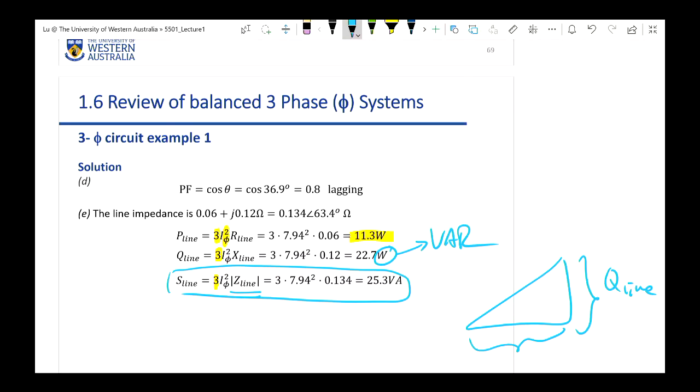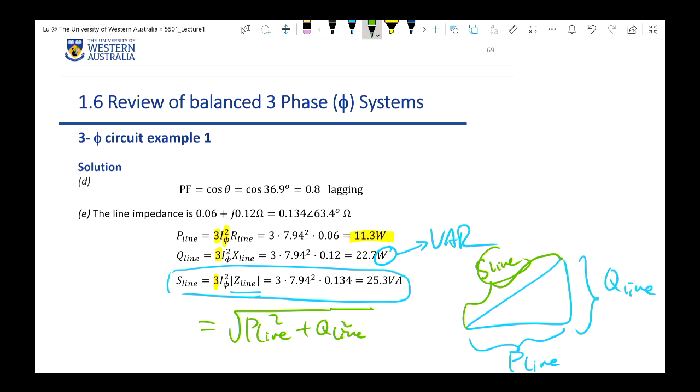This is the total real power consumed by 3 cables, P line. The question is asking what is the apparent power, actually the size of this edge of the triangle, that is S-line. In this triangle, one angle is 90 degrees, so S-line is equal to the square root of P line square plus Q line square, which gives you the same answer. Okay.